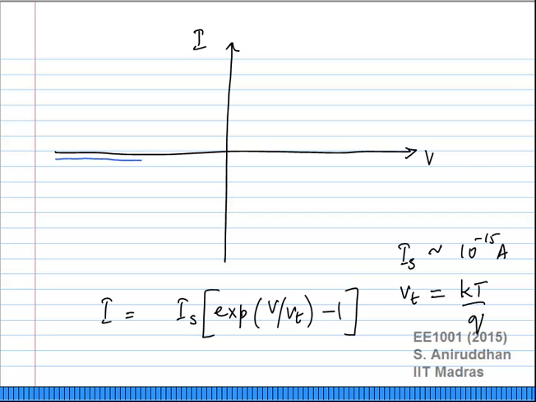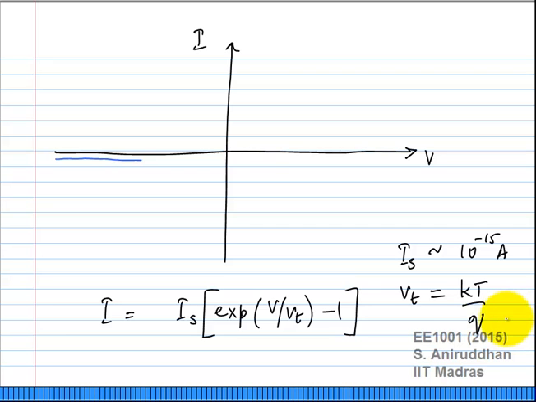Just like if you take a resistor, a linear element, what is the parameter that describes its operation? The value of the resistor, R. V equals IR. R describes the relationship. For a diode, its voltage current relationship is described by Is and Vt. Vt is nothing but kT by q.